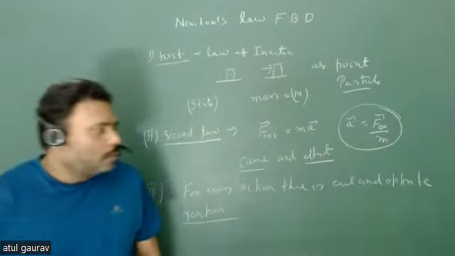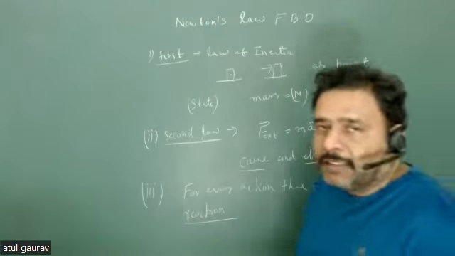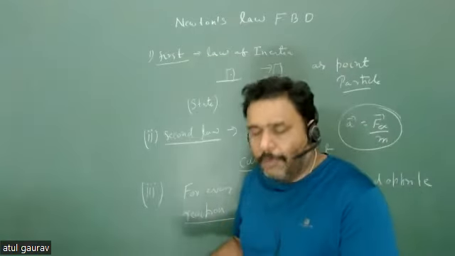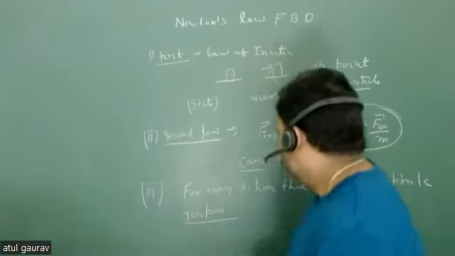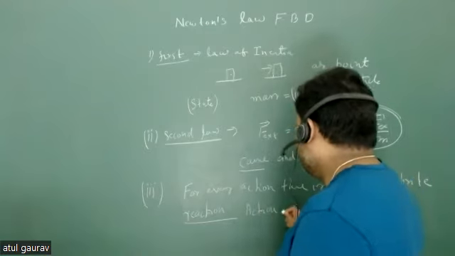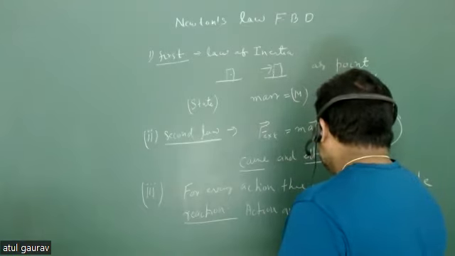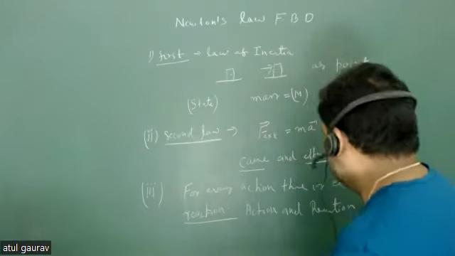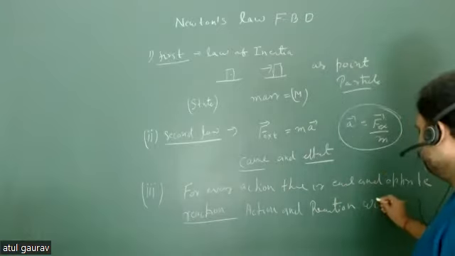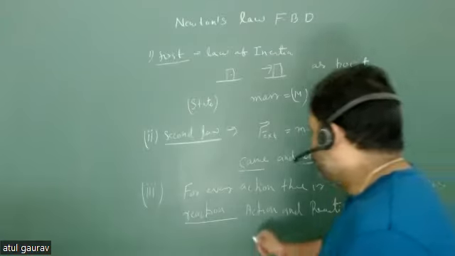And one more thing, action and reaction will act on two different bodies. ये बहुत ज़्यादा important है ना? This is very interesting, that action and reaction will act on two different bodies.